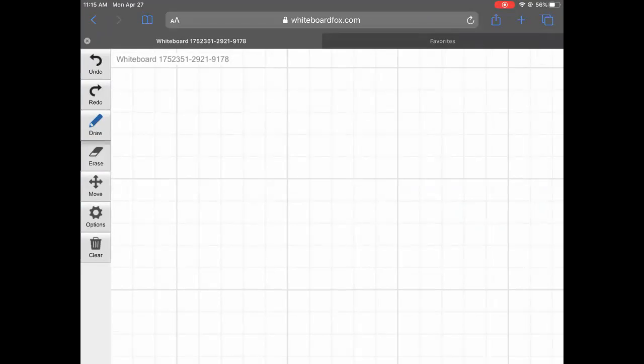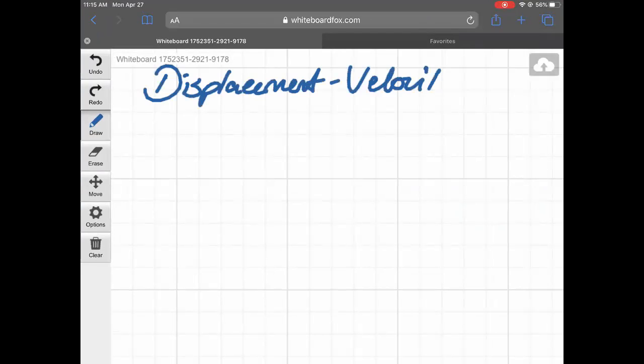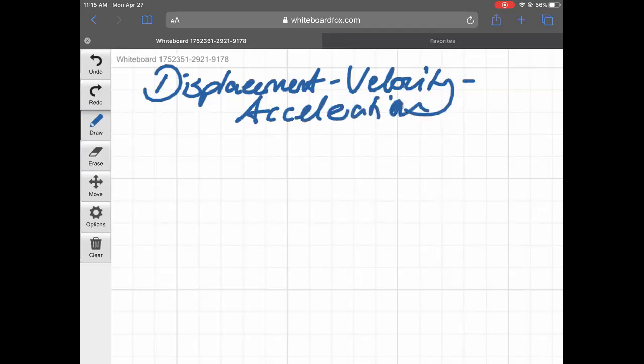So this is displacement, velocity, acceleration. And it's calculus, which is integration and differentiation, but applied to kinematics.